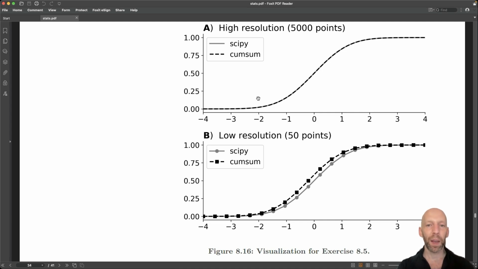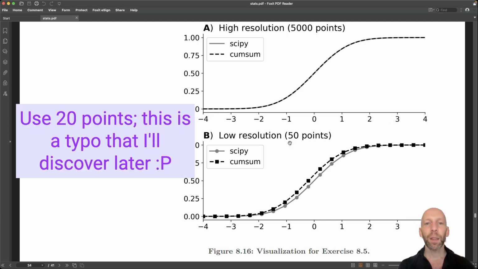Reproduce that panel twice, the one we were just looking at, in Python, using a high resolution and a low resolution. High resolution means 5,000 points between -4 and +4. Low resolution means only 50 points between -4 and +4.